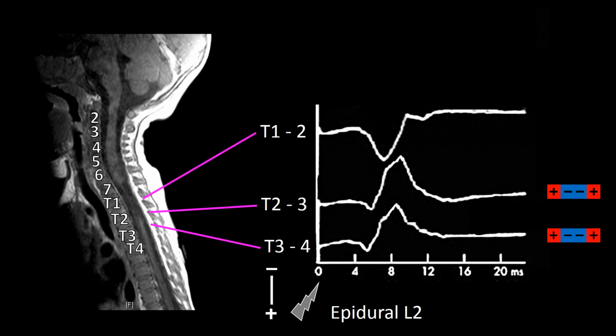The T1 to T2 derivation recording from the damaged area of the spine shows a strong positive wave followed by a minute negative wave and an equally puny second positive wave.